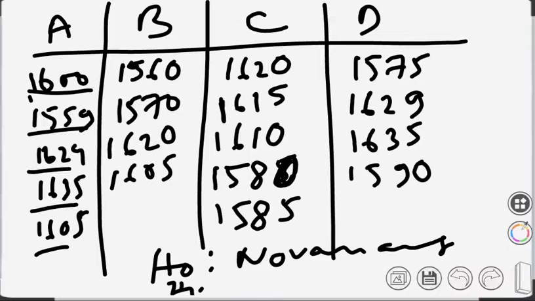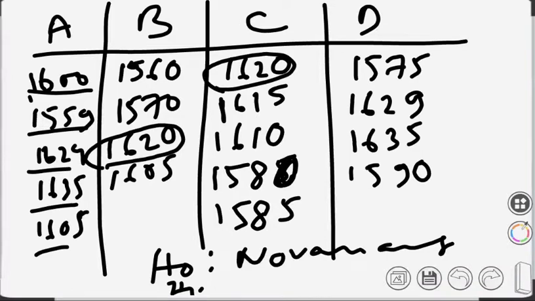So subtract, say, 1600. Or a value that occurs most often. Can you find any value which is occurring repeatedly? I think 1620 is occurring twice.